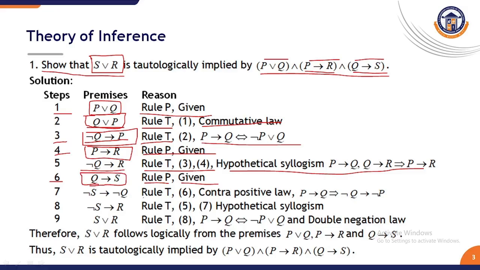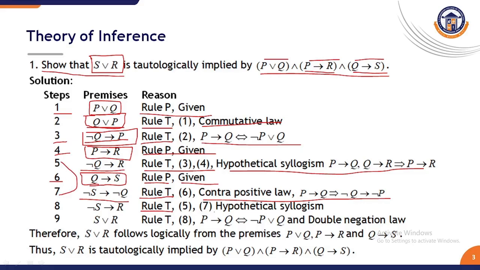Now apply the rule T for step 6. That is, the contrapositive rule is followed here. P implies Q is equivalent to negation Q implies negation P. Therefore, Q implies S is equivalent to negation S implies negation Q. Next, follow rule T for steps 5 and 7.